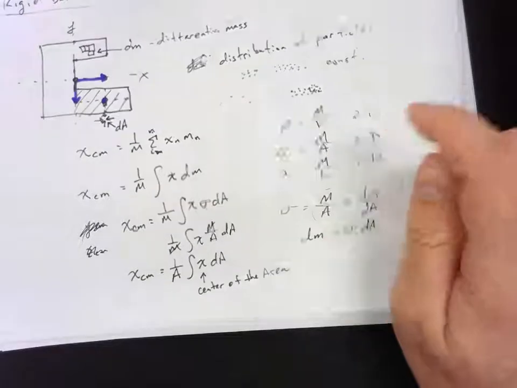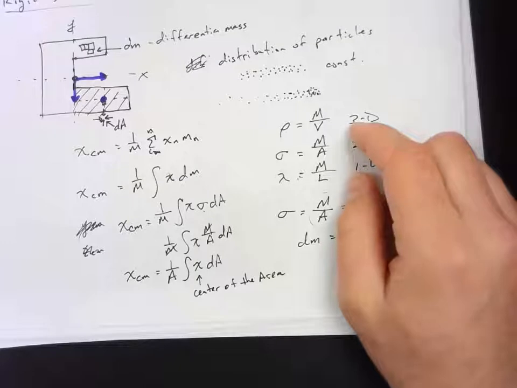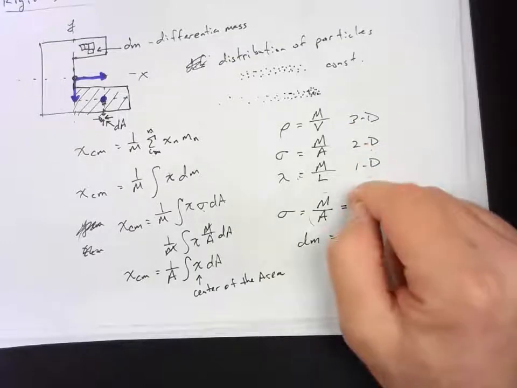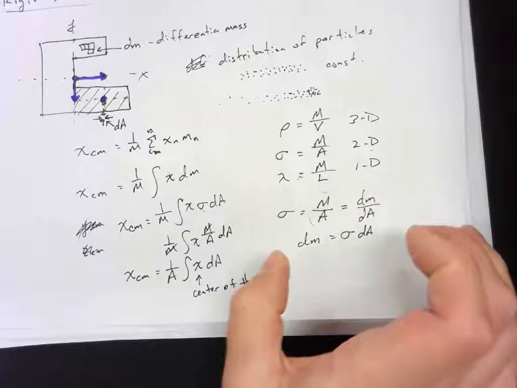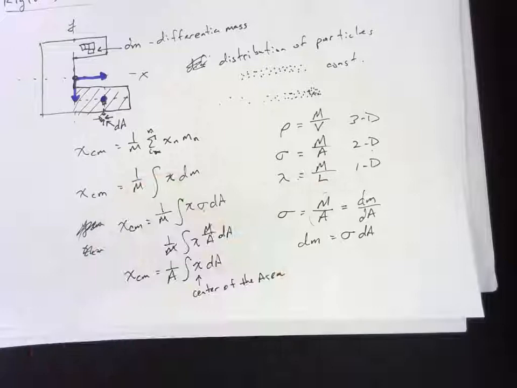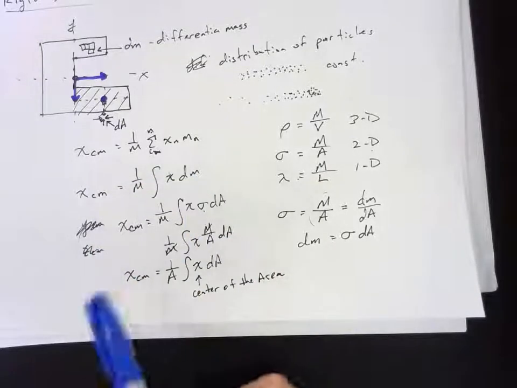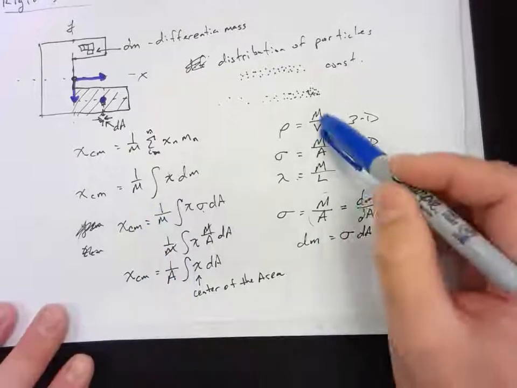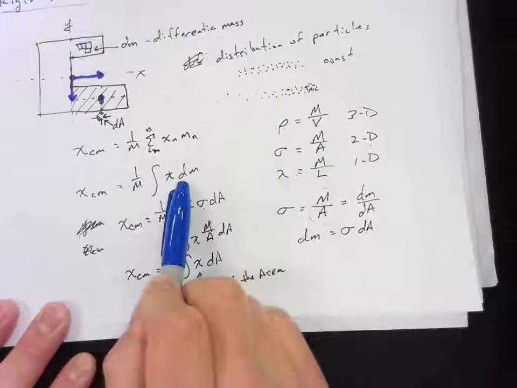So we have, again, volume, area, and linear densities. We're going to get used to substituting these values into integrals. And just so you know, we can utilize each of these with the same idea.